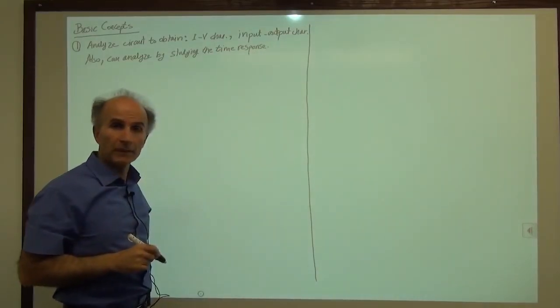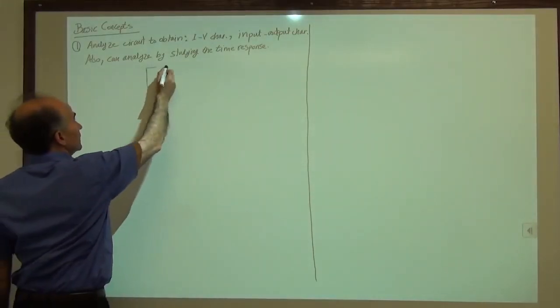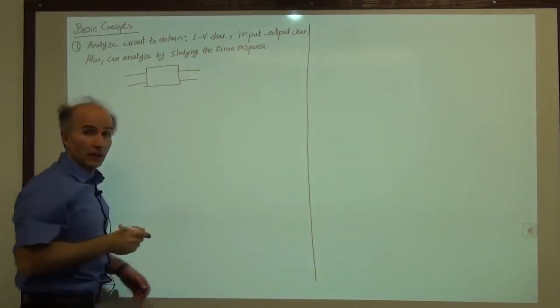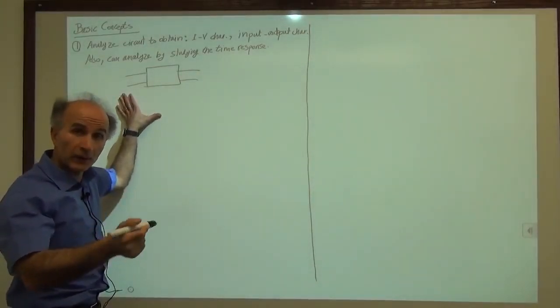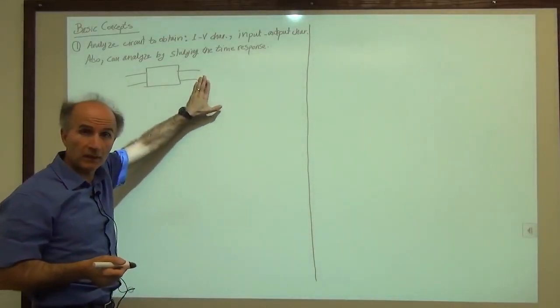So what does that mean? Well, it means that we have some sort of circuit. You have seen this in basic circuit theory, right? And you apply something at the input, a step, an impulse, a sinusoid, some sort of waveform. And then you see what we get here.